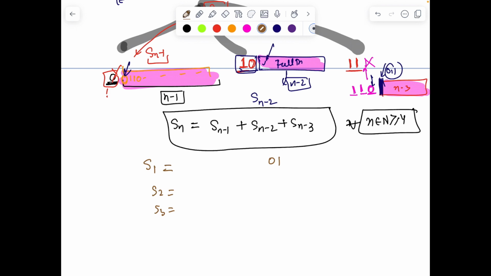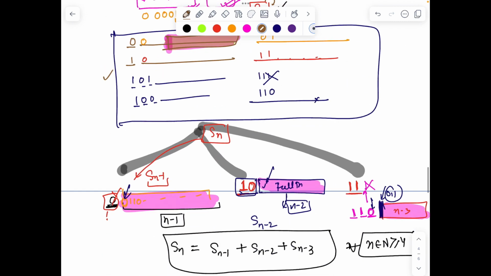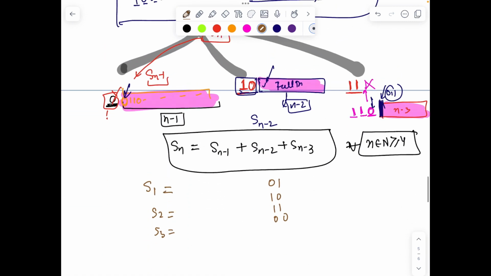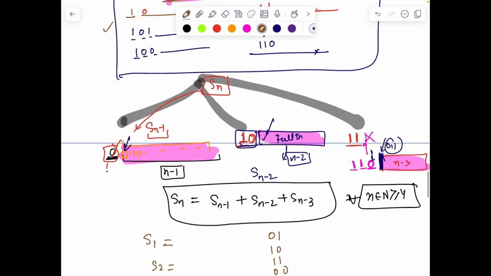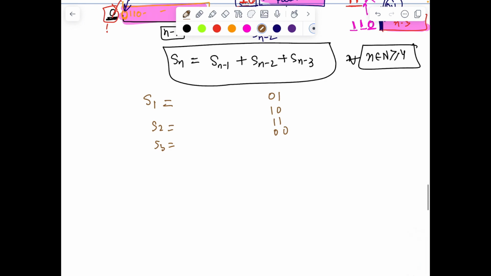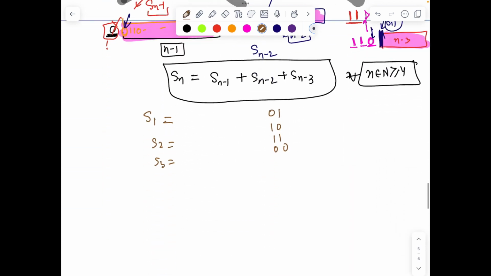So either it is 0 or 1. S1 is the number of n-digit binary numbers not having 3 consecutive 1s. So what will be the value of S1, tell me, and what will be the value of S2? S2 is the 2-digit case, so 0 0, 0 1, 1 0 or 1 1, so S2 is 4.